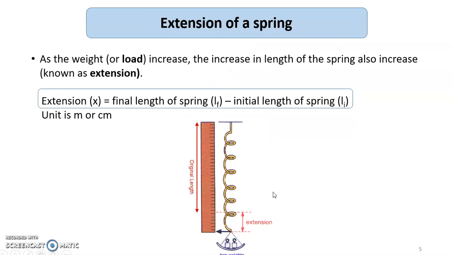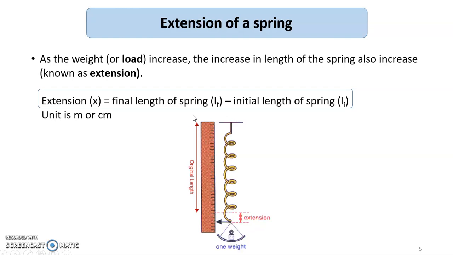Here we have an animation of the extension of the spring. The extension of the spring, which is x in the equation just now, is equal to the final length of the spring, Lf, minus the initial length of the spring, Li.